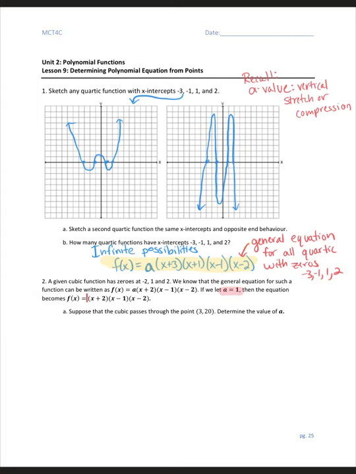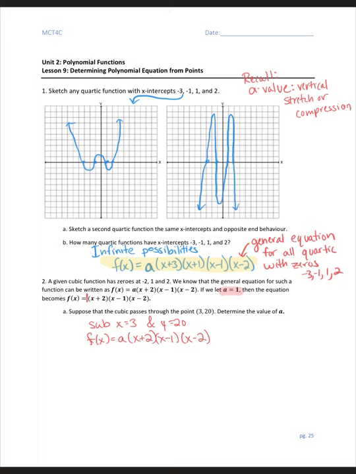Let's suppose that we have a cubic that passes through the point (3, 20) to determine the a value. So we have the same cubic equation here. We're going to substitute in these x and y values. So we're going to sub x equals 3 and y equals 20 into our general equation for this cubic function. So we have f of x equals a times x plus 2, x minus 1, x minus 2.